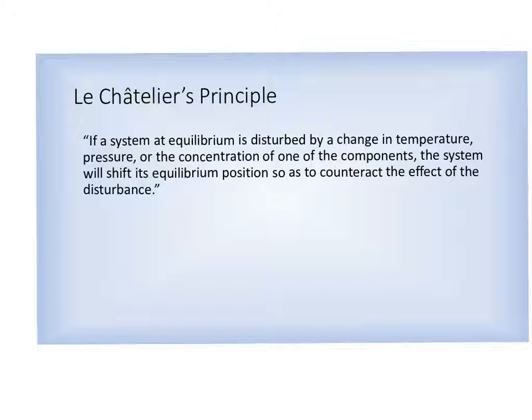So we're looking at these systems that will always get themselves back to equilibrium, and the stresses we're talking about are really just, what if we make the system not at equilibrium anymore? What will the system do? Well, the system will get itself back to equilibrium. We know that, from whatever starting point, the system will always achieve equilibrium.